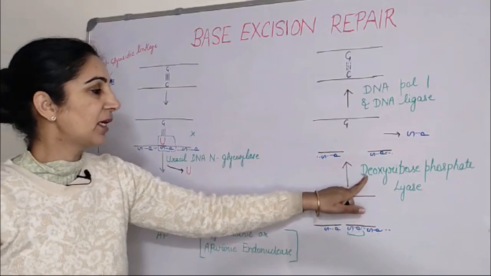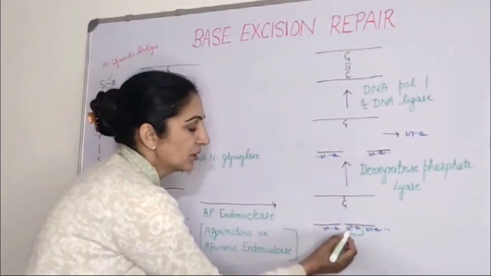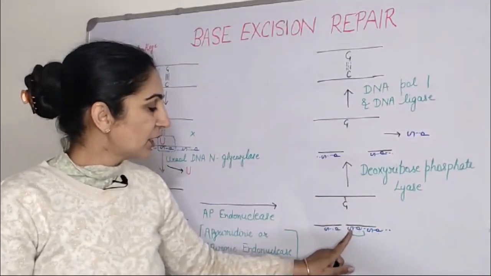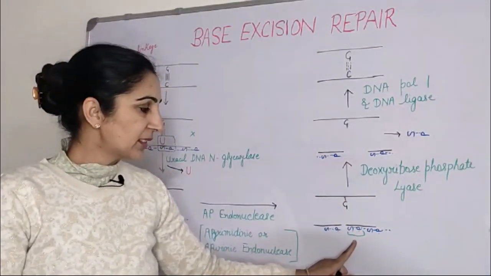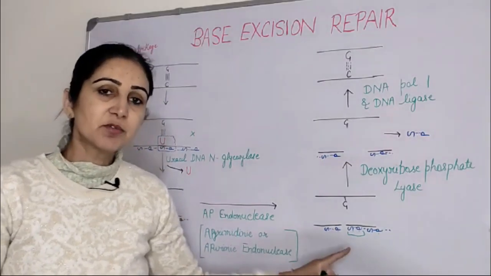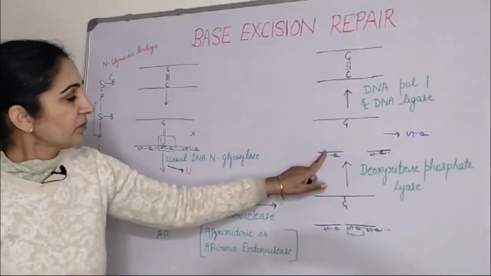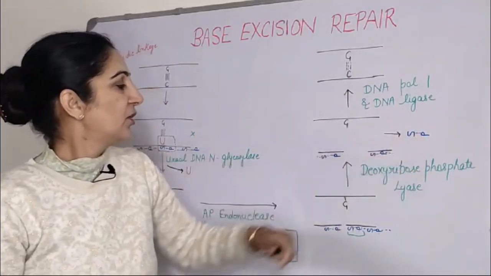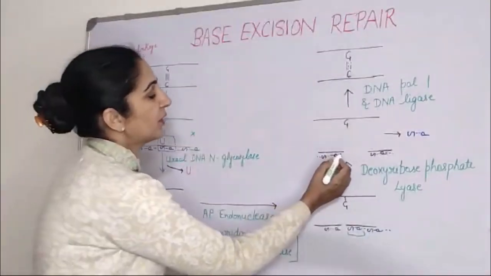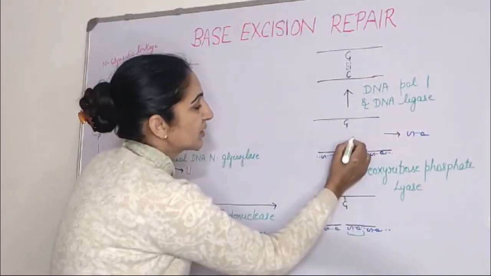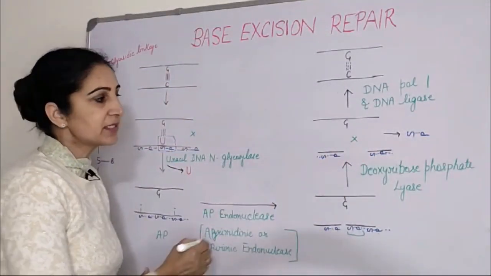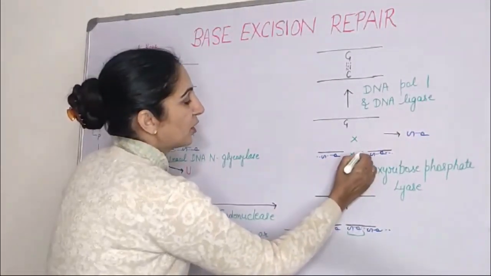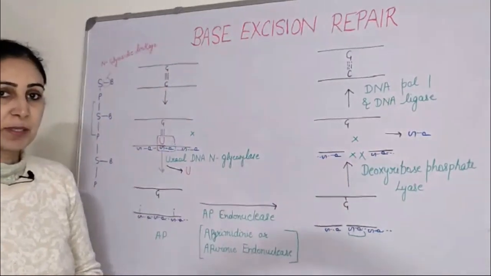The enzyme's name will be deoxyribose phosphate lyase. Lyase means this enzyme will remove the sugar as well as the phosphate moiety. So what do we have now? The wrong base has been removed from this site, the sugar moiety has been removed as well as the phosphate moiety.